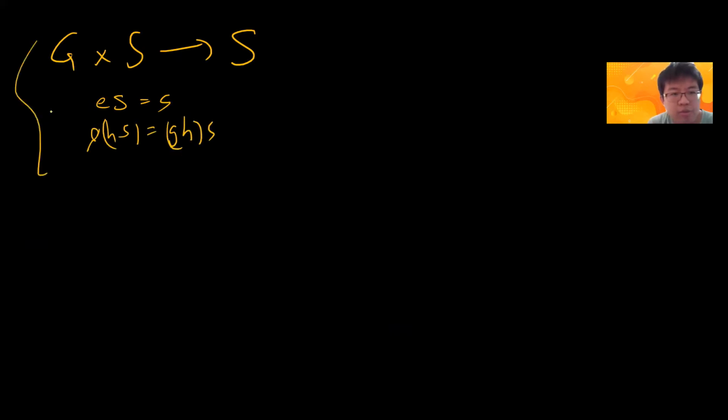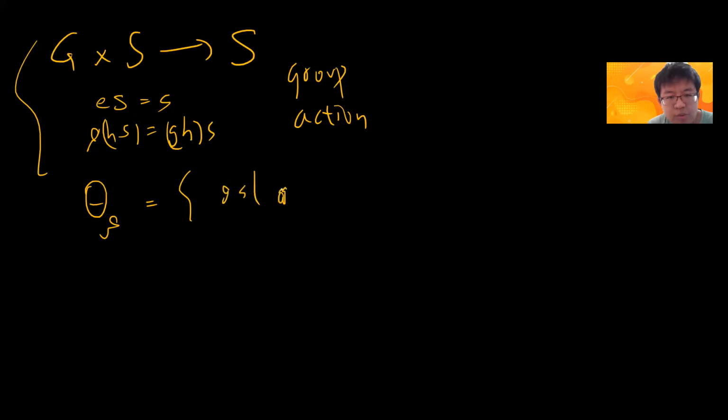So this is called a group action. And one can define an orbit. The orbit of a small s means g·s where g belongs to G. So you just permute it. This is the so-called orbit of s. I think I talked about this in the previous video.